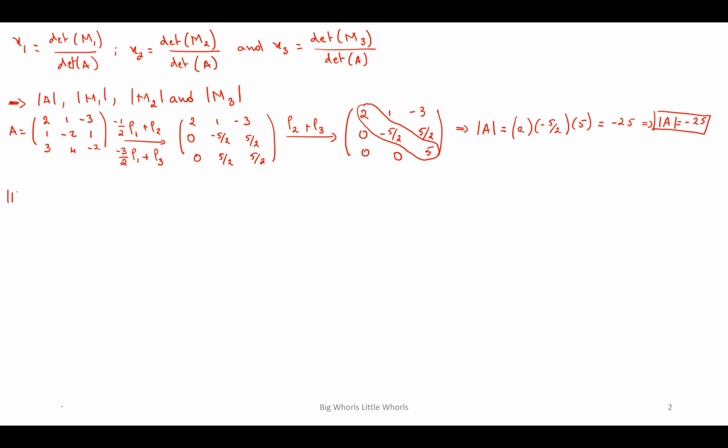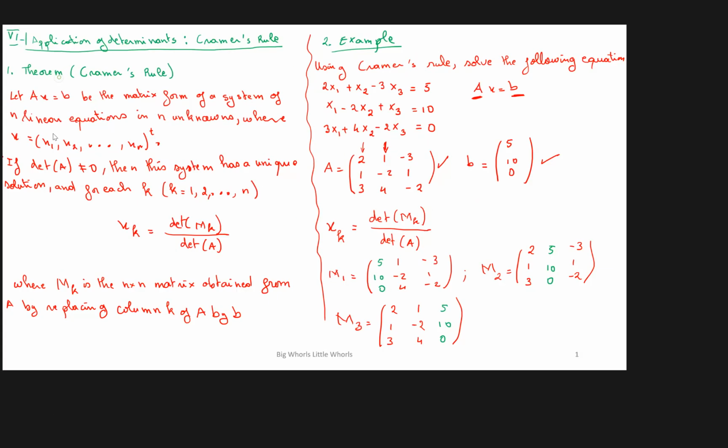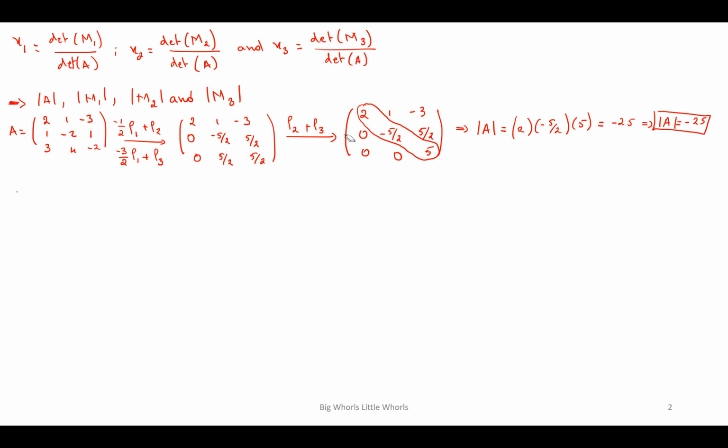So here we have M1 equals 5, 1, 0, 1, minus 2, 4, minus 3, 1, minus 2.